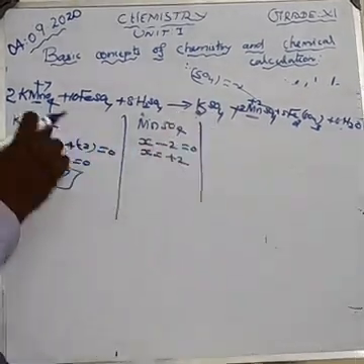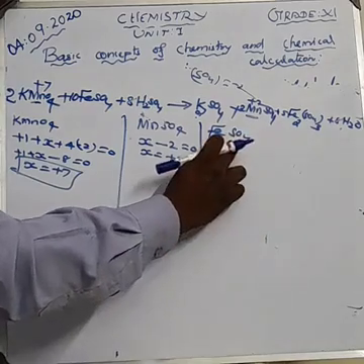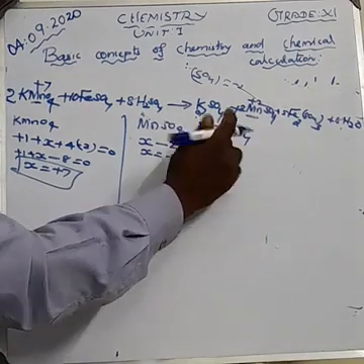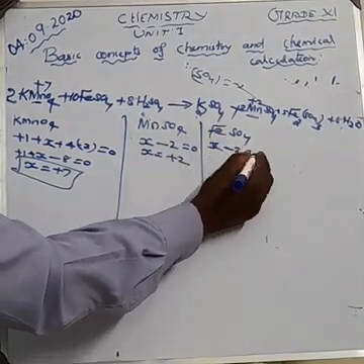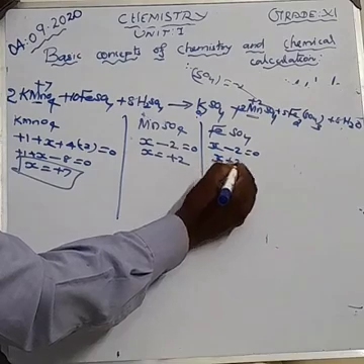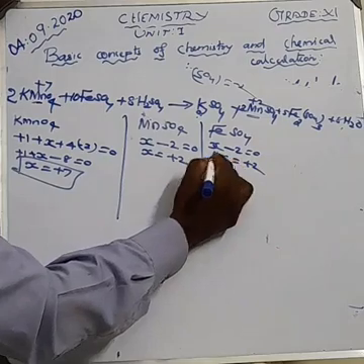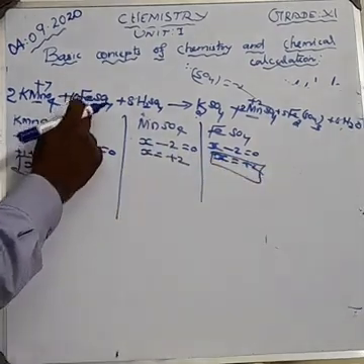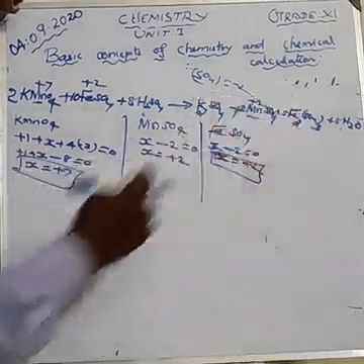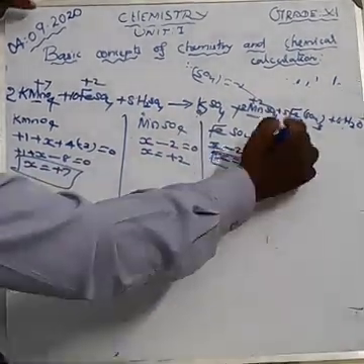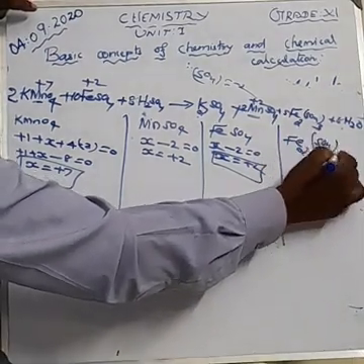Then the third one, ferrous sulfate, FeSO4. Sulfate is minus 2, and Fe is taken as X. X minus 2 is equal to 0, so X is equal to plus 2. Clear? So in ferrous sulfate, Fe is plus 2. Next, ferric sulfate, Fe2(SO4)3.